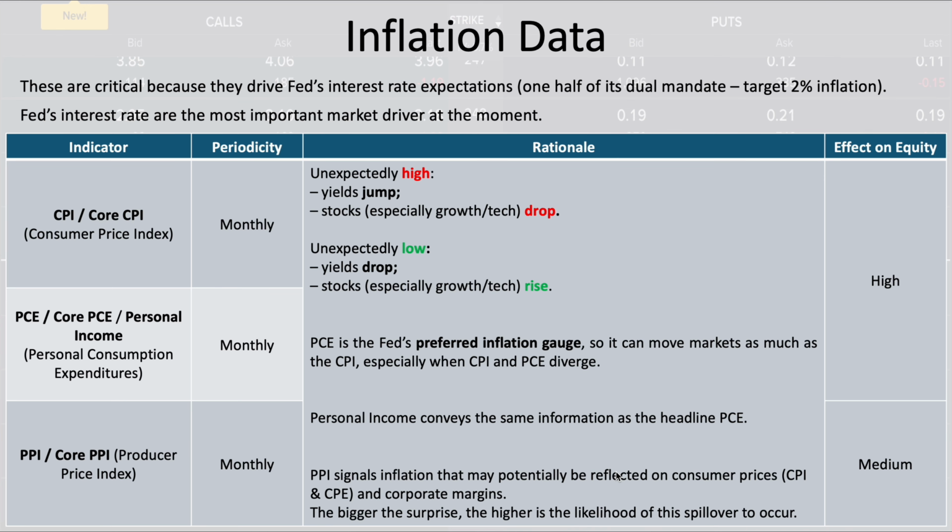And so we'll start with probably the most straightforward data to use, which is inflation data. Basically, this is very important because it is closely related to one half of the Fed's mandate, which is maintaining an inflation rate close to but below 2%.